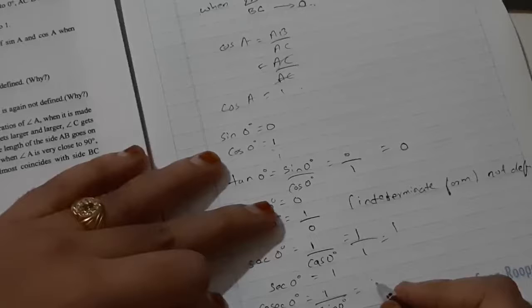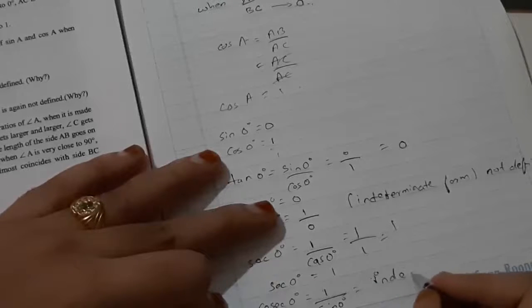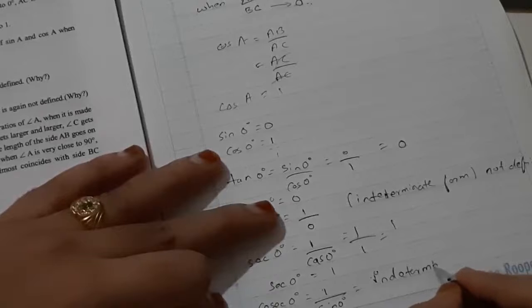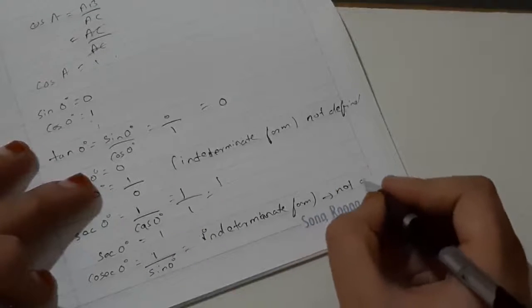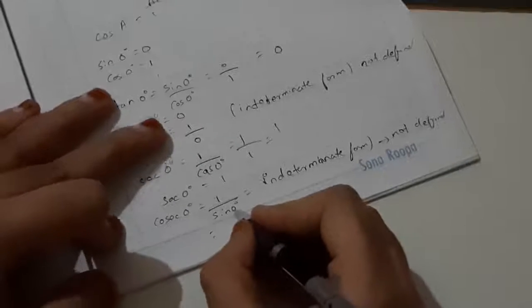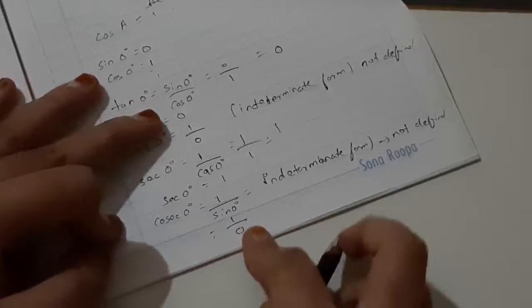This is also indeterminate form. Why? Because what is sine 0? It is 0. It is 1 by 0. You cannot divide 1 by 0.